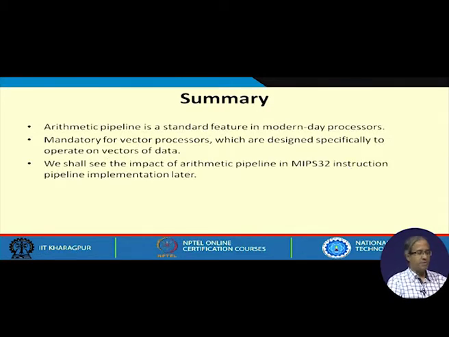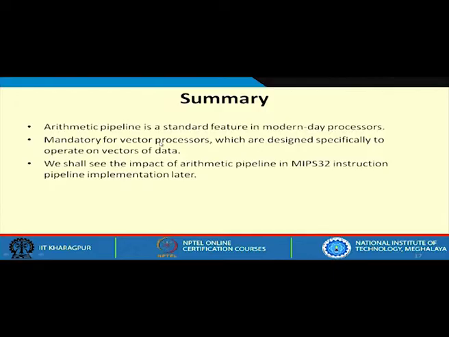So, to summarize, this arithmetic pipeline is a very standard feature in modern day processors. We shall see later in some detail about vector processors. Vector processors are computer systems which are specifically designed to operate on vectors of data very fast.